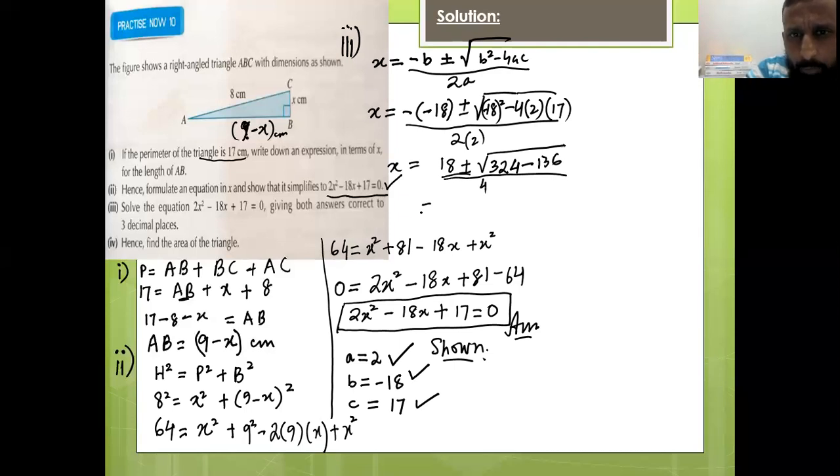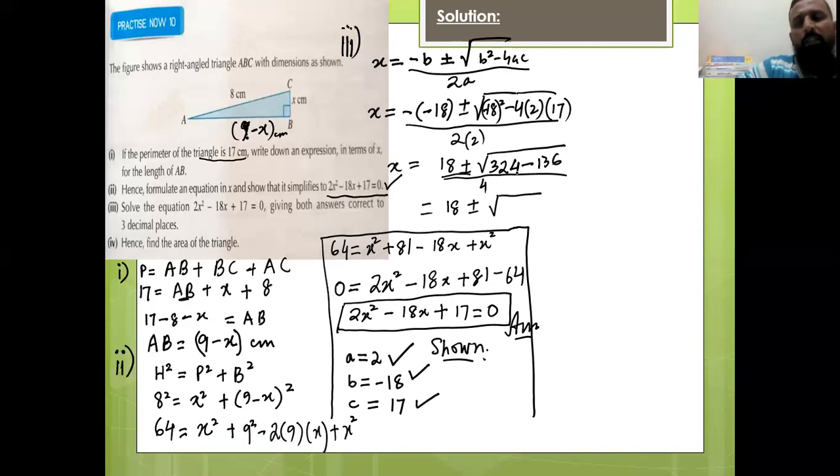All right, now simplify more. 18 plus minus under root, the difference of 324 and 136 is 188, whole upon 4. Okay, now we have x equals 18 plus minus root 188.